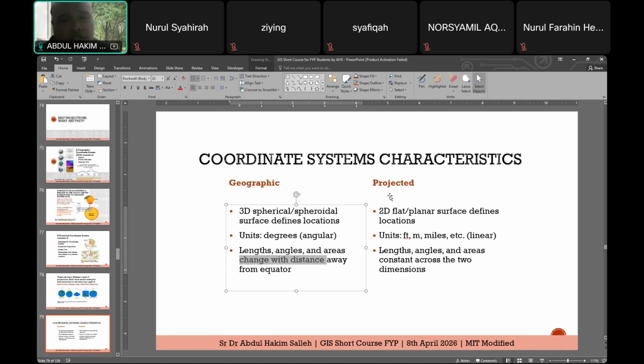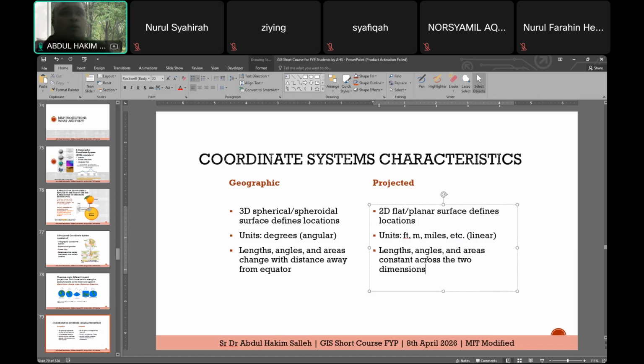How about projected? Projected is not 3D, instead it is a 2D flat surface. It can be measured using meters, kilometers, miles, and feet because of the linear formation of the projected map. Lengths, angles, and areas are constant across the two dimensions.